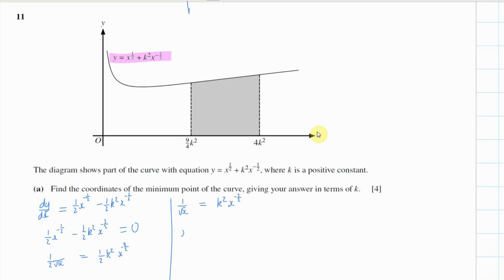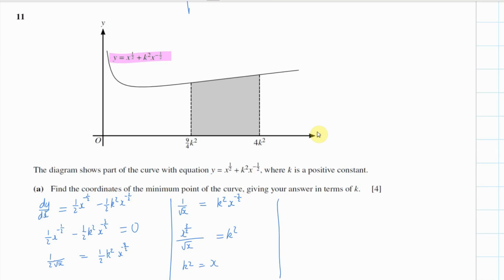Now I can times both sides by x to the 3/2. So I get x to the 3/2 over square root x equals k squared. And that will mean that x is equal to, sorry, is equal to k squared, not 1x. Right, there we go. So that's the x value.